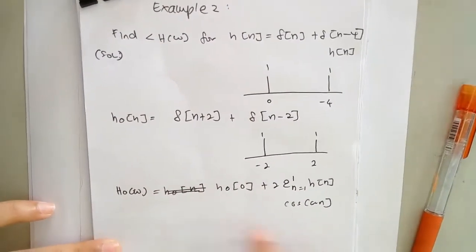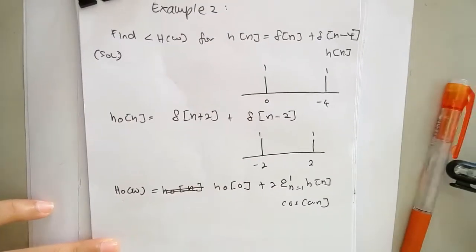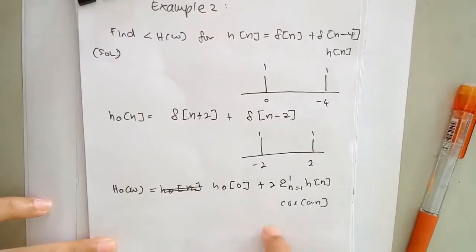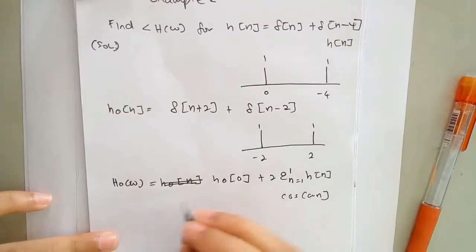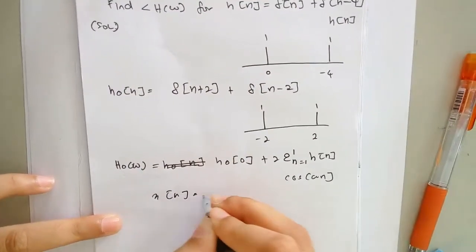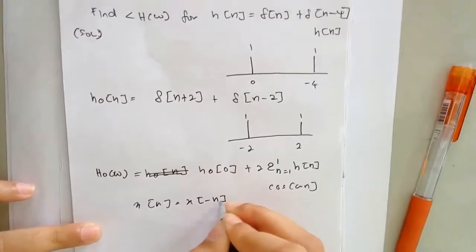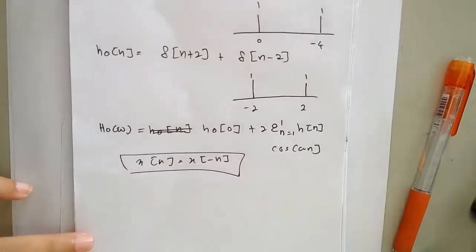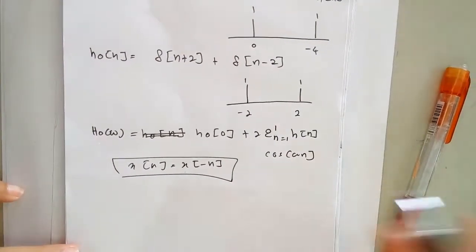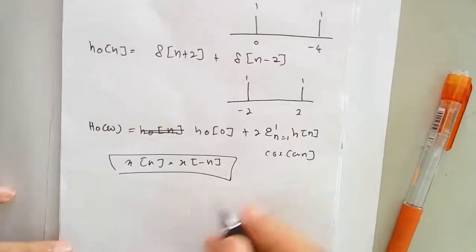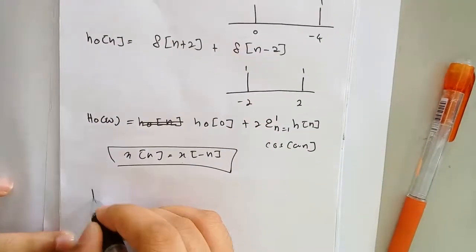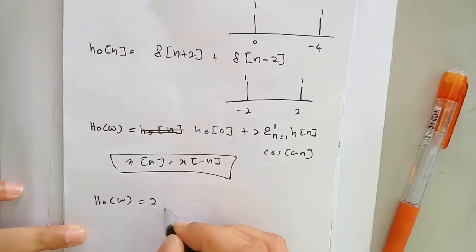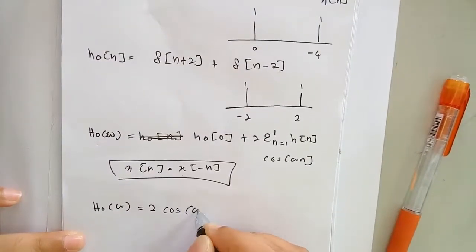This is derived from the equation for the symmetry properties, for a real and even signal, where x[n] equals x[-n]. Calculating this, we get H naught omega equals 2 cos 2 omega.